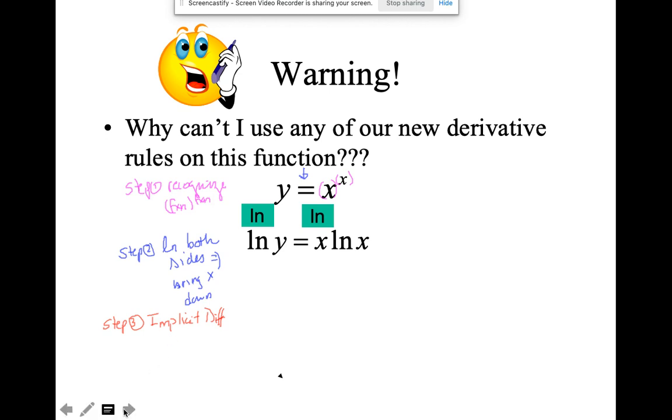So I am going to now take the derivative of both sides with respect to x. Take the derivative of ln of stuff. Take the derivative of all x stuff but a product.